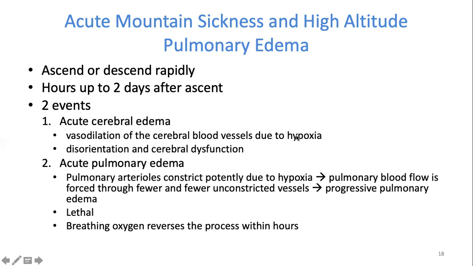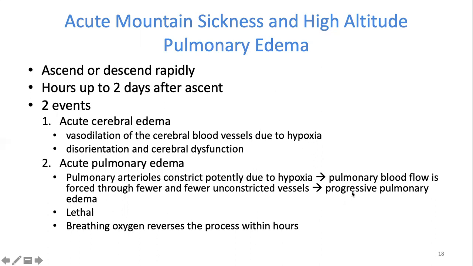So in the brain, hypoxia triggers vasodilation in an attempt to deliver more oxygen into the brain cells. But in the lungs, the hypoxia triggers pulmonary arterioles to constrict. And pulmonary blood flow is forced through fewer and fewer unconstricted vessels. So the blood cannot flow properly because of the vasoconstriction.